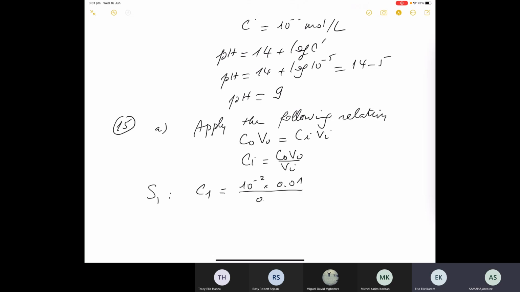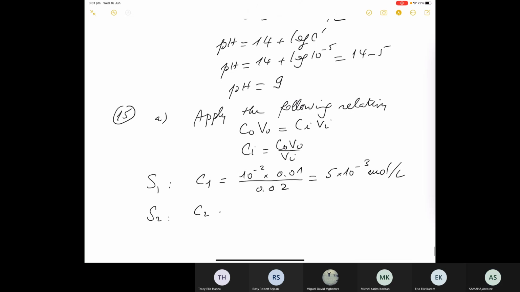Why did you take 0.02? It was from the table. Bravo. What did she do? She added the volume of S0 and the volume of water, so the total volume became 20 milliliters. The answer comes out to 5 times 10 negative 3 mole per liter.